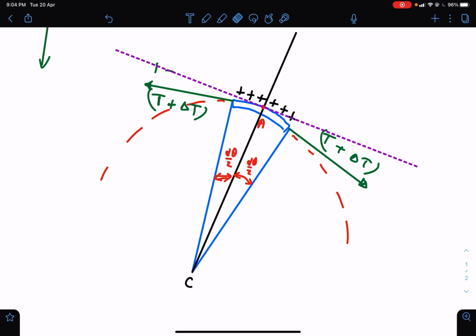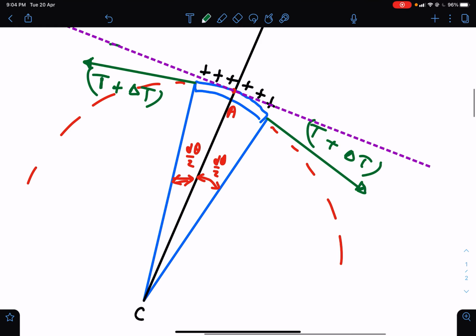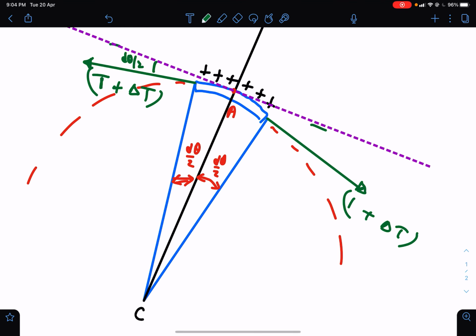Now this angle will be d theta by 2, and the other tension also makes d theta by 2, because there is radius r1 and radius r2, and corresponding to the two radii there are tangents t1 and t2.